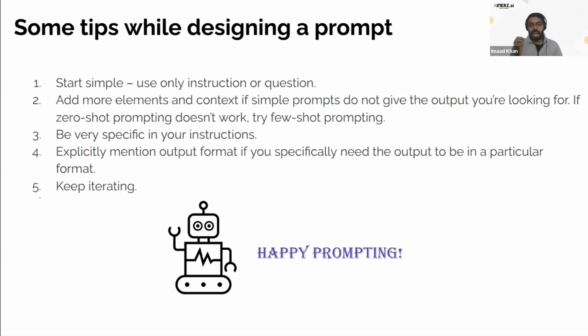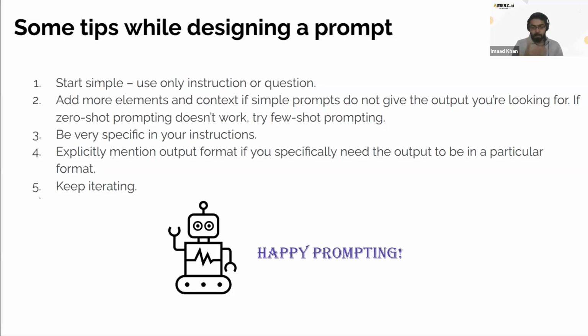Explicitly mention the output format if you specifically need the output to be in a particular format. This is also a very important point because, especially for programming tasks, you will need the output to be in a particular format. If you want to build APIs on top of it, or use it for other downstream tasks, you want the output to be reliably in a particular format.